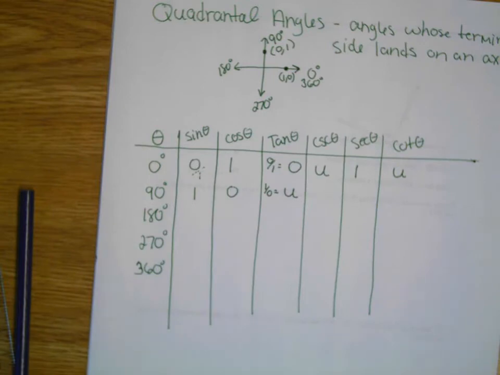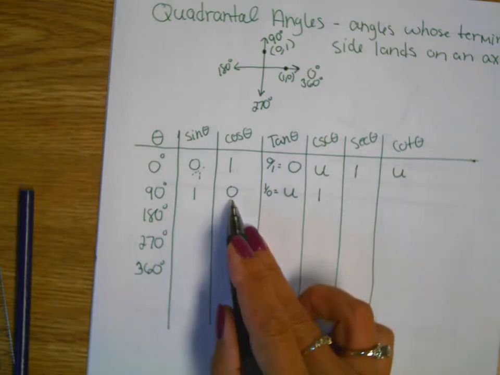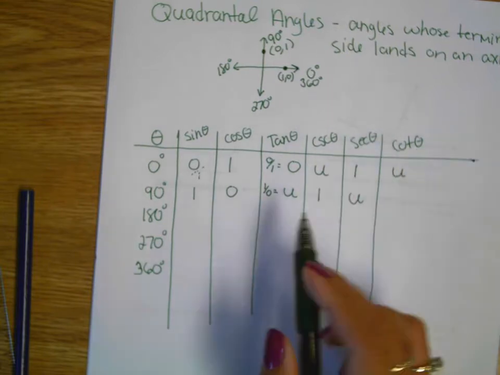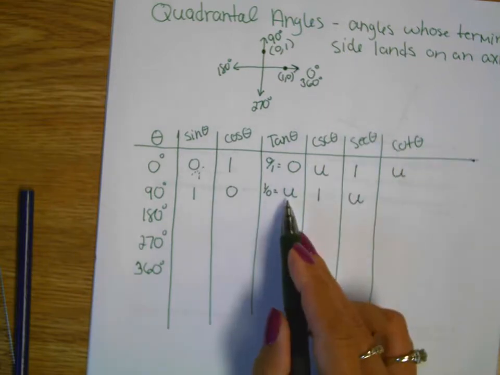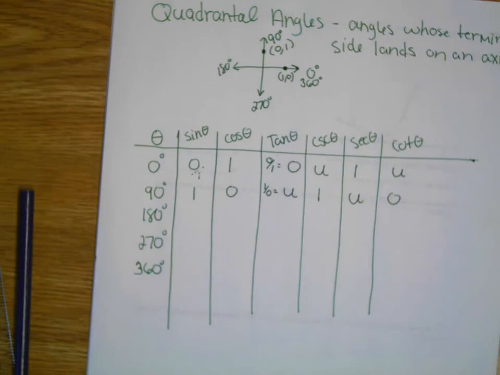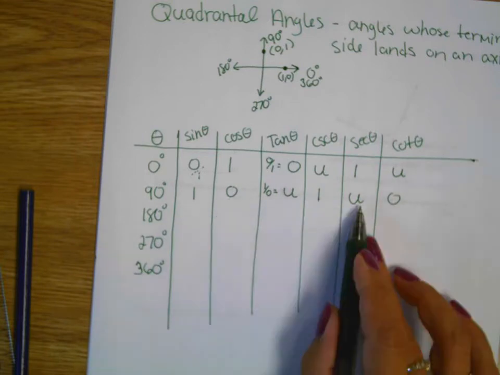Now I flip those 3 answers over. 1 flipped over is still 1. What's 0 flipped over going to be? Undefined, because it's going to be over 1. I get 1 over 0. What happens when you flip undefined over? You're going to go back to 0, because it's going to be 0 divided by 1. Nice. So if you have an undefined and you flip it over, you're at 0. If you have a 0 and you flip it over, you go to undefined.